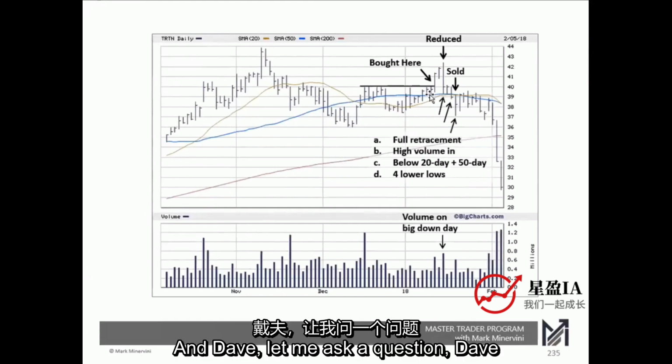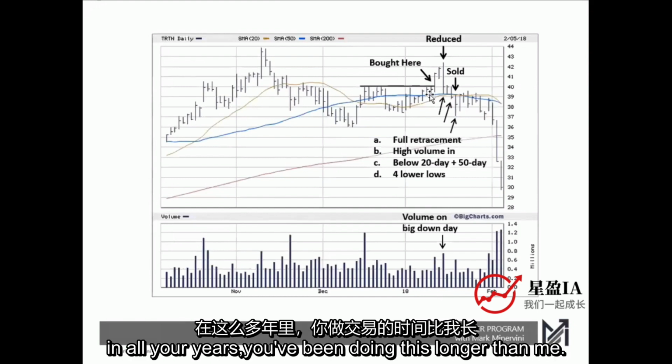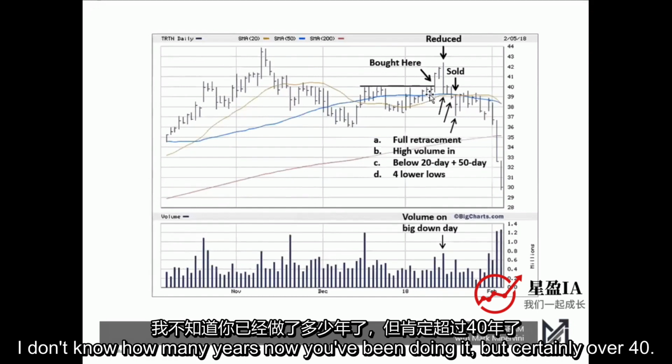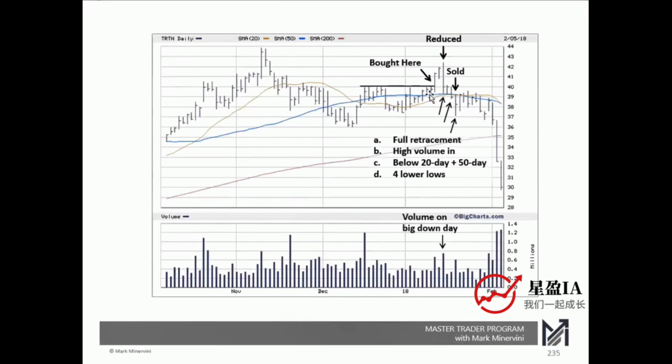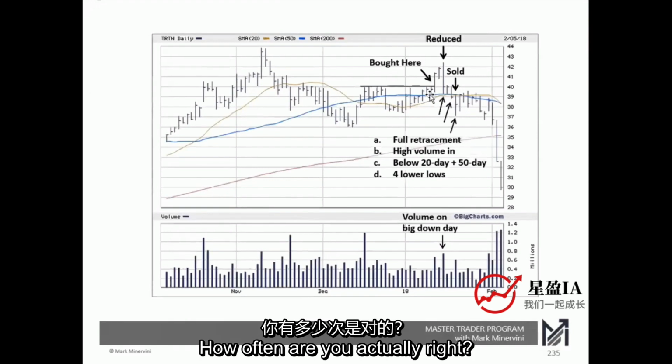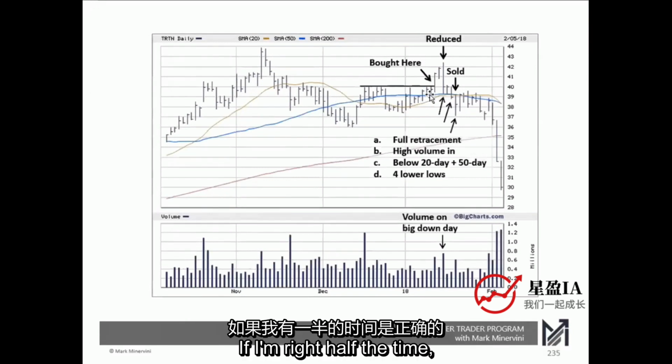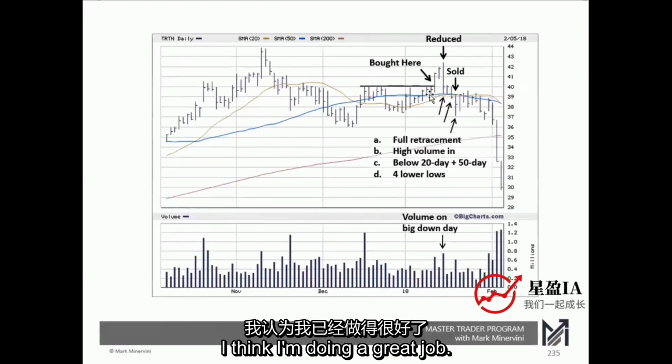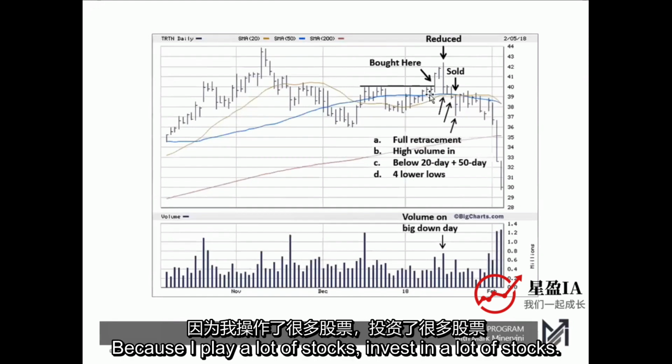And Dave, we should talk about this. Let me ask you a question, Dave. In all your years, you've been doing this longer than me. I don't know how many years now you've been doing it, but certainly over 40. What percentage of stocks are your gainers versus your losers? How often are you actually right? Well, if I'm right half the time, I think I'm doing a great job because I play a lot of stocks.